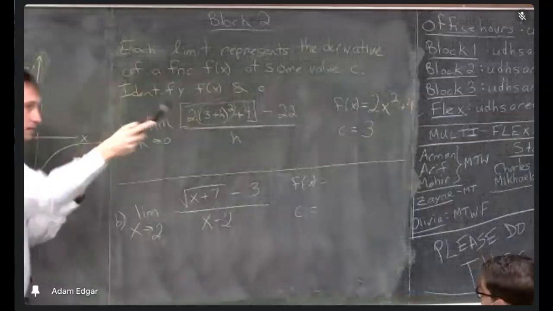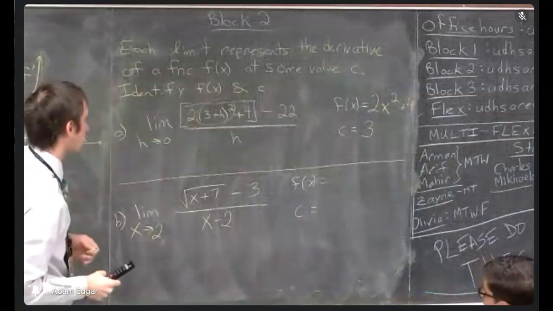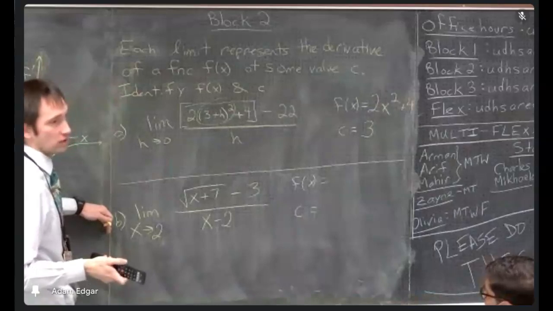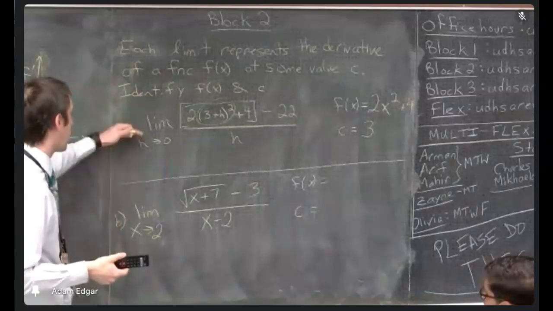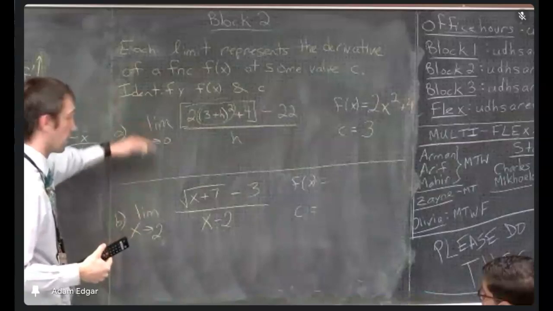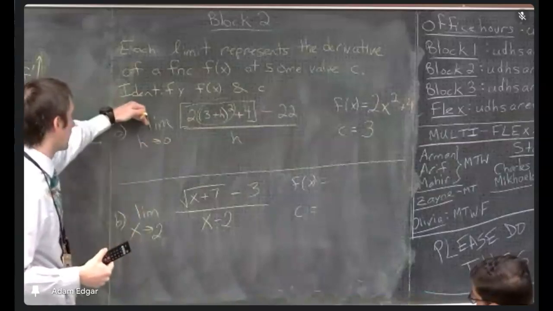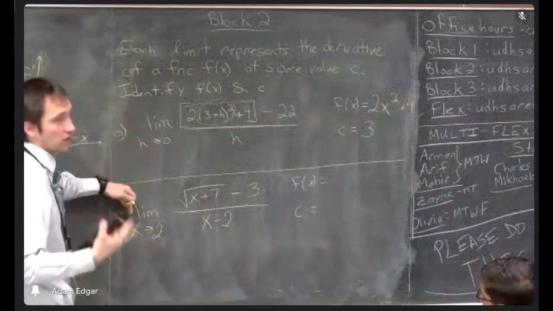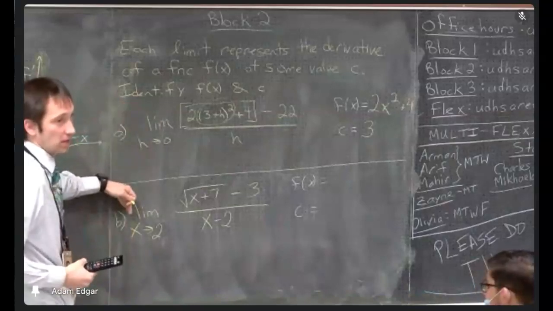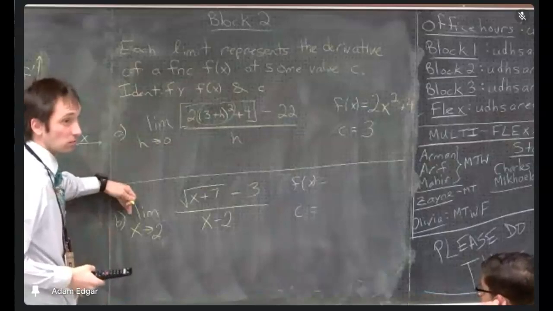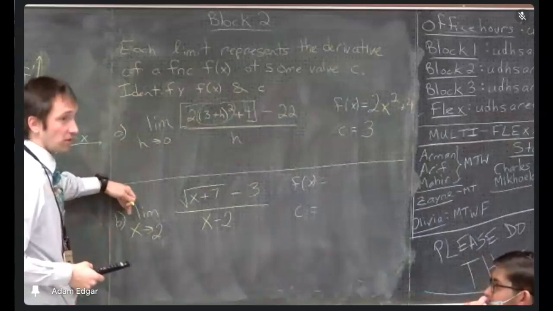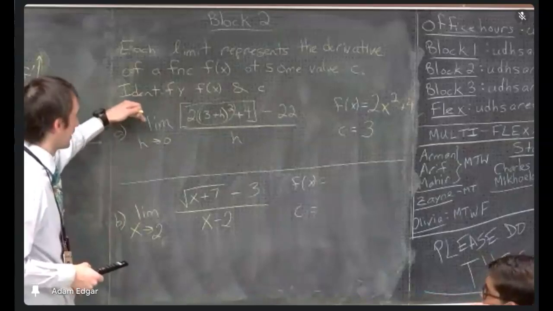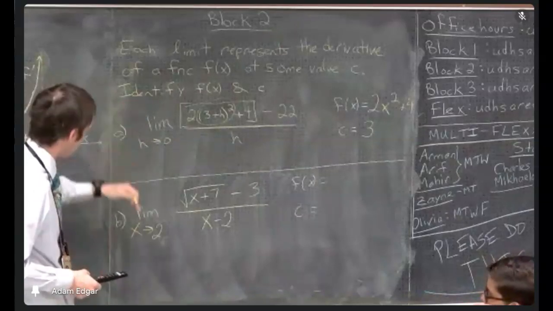Great. Yes, sir. So, part B, that's called alternate form? Yeah, so this is the alternate form of the derivative. Both of these are a form of derivative limit. This is what we know and love, that we spend a lot of time on. And this is an alternate version that we haven't spent as much time on and is a lot easier to use. This is the limit definition of the derivative, and this is the alternate form of the derivative.